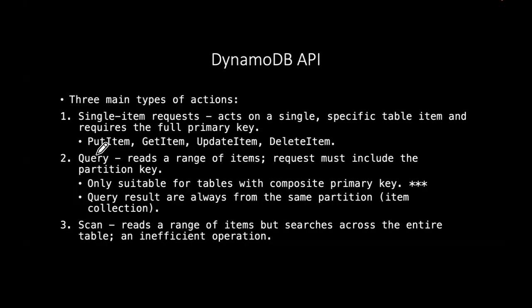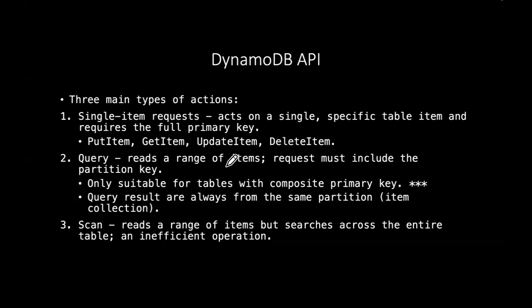In general, a query operation reads a range of items. Range here, maybe I should have used the word collection, but it reads a collection of items. And we know what collection means here. A collection means all of the items have the same partition key, but a different sort key. Now, you may want to read the full collection of items.